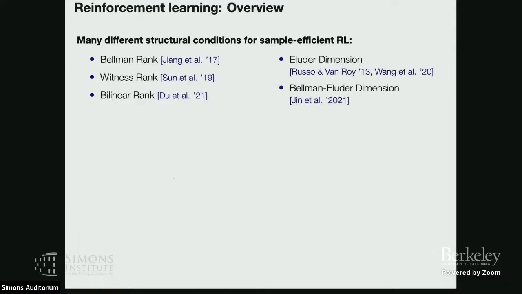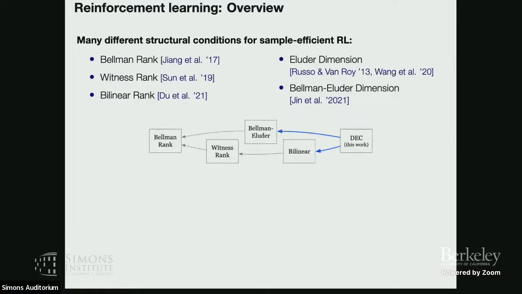There's also a bunch of general notions of problem complexity or structural complexity that give sufficient conditions that try to encompass all these different individual settings that we know are tractable. You may have seen Bellman rank before. This is a very famous one. You can use these to bound the DEC.